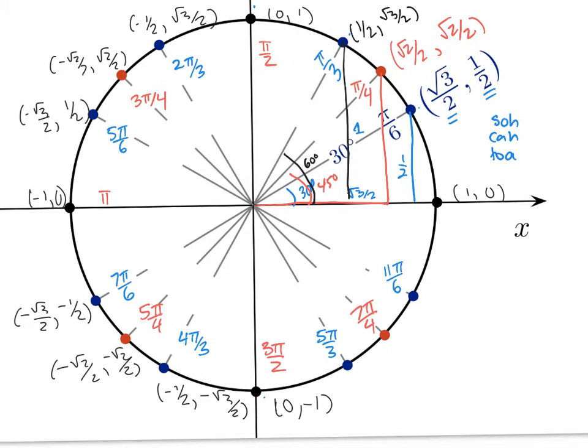And in quadrant 4, the coordinates are positive a half, negative root 3 over 2, because the y is now negative, root 2 over 2, negative root 2 over 2, and root 3 over 2, positive negative 1/2. Last one got a little bit messed up, but you see the idea. I'm not going to ask you to reconstruct this whole thing, but I'll probably ask you to find sine and cosine of a bunch of angles just to see if you can. Does that make sense? Okay.